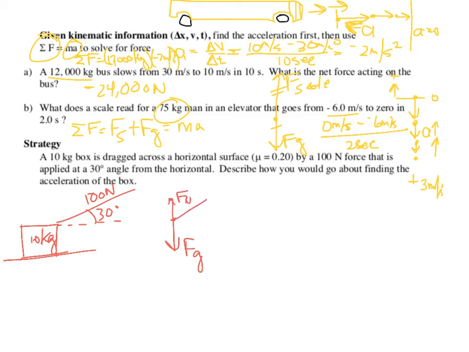Why? Because I have some Fs acting in the vertical. And do we have friction? Yes, we have a friction force. Remember, we have an Fsx and we have an Fsy.